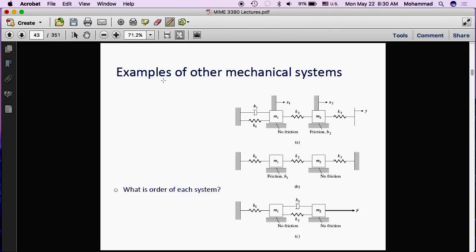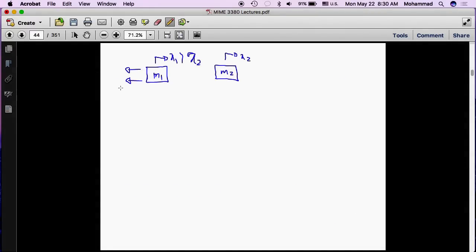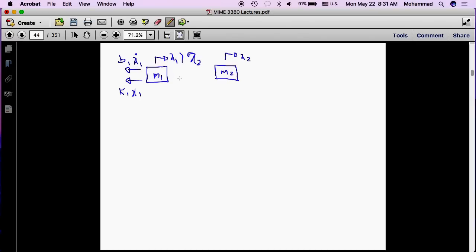How much force would the spring with stiffness K1 apply to mass 1? It would be K1 x1. And the damper would be B1 times x1 dot.